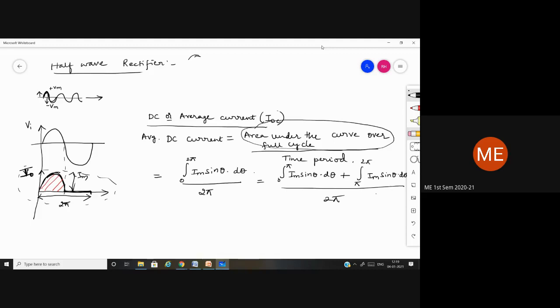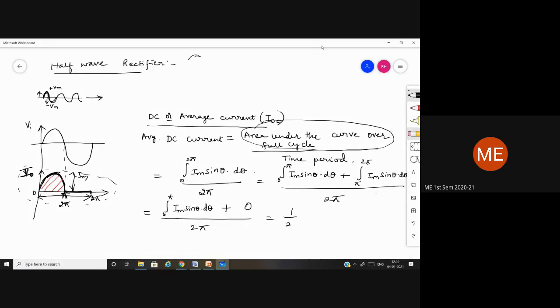Do we have any current from 0 to pi? Yes, from 0 to pi the current is flowing. So retain it as it is: the integral from 0 to pi of Im sin theta d theta, plus from pi to 2 pi no current, so it becomes 0, divided by 2 pi.